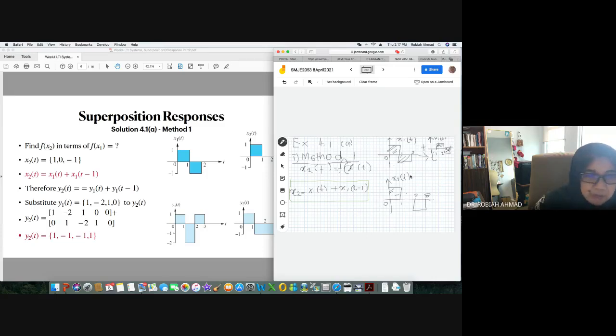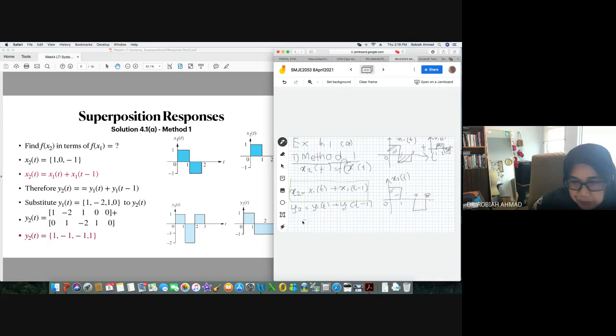So this is the relationship between x2 and x1. Therefore, because of LTI, y2 will be y1(t) plus y1(t minus 1). We put the y1 value into the y2 value, following superposition.